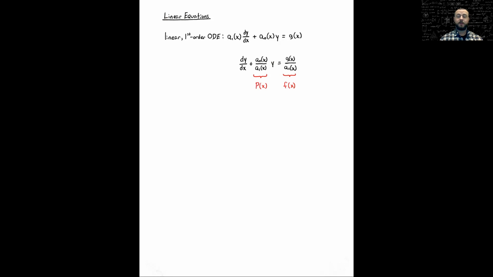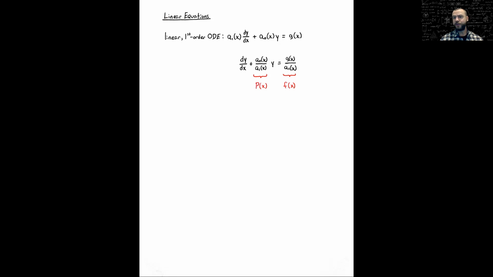All right, this probably looks complicated, but multiplying y on that left side, you have a sub 0 of x divided by a sub 1 of x. You have a function of x divided by a function of x, which is a function of x. Let's just rename that quantity multiplying y. Let's call that p of x.